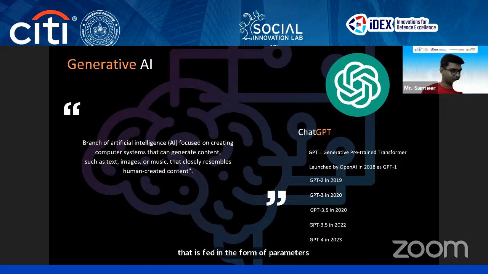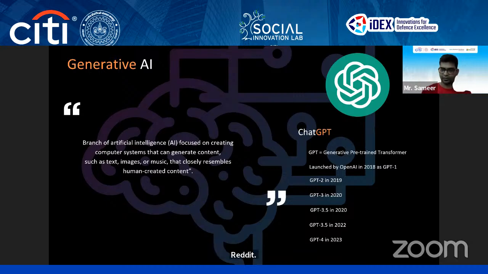So ChatGPT is trained on data that is publicly available. Let's say publicly available research papers, articles, blogs, video transcripts, code snippets from Stack Overflow, Reddit, wherever you post your code, right?